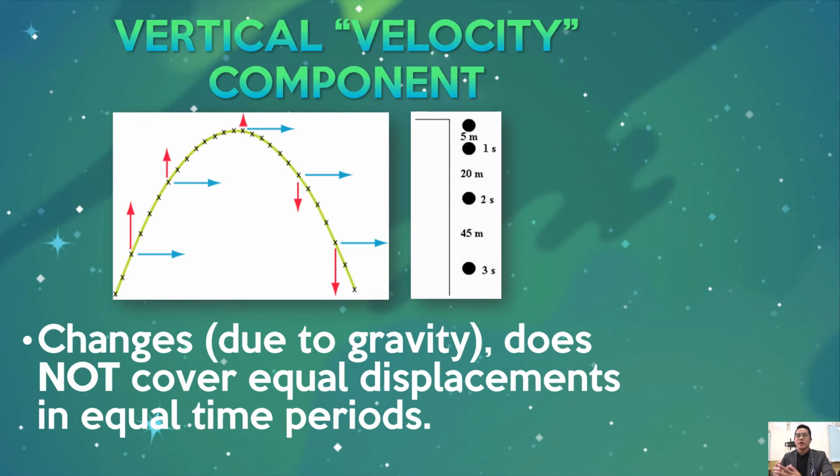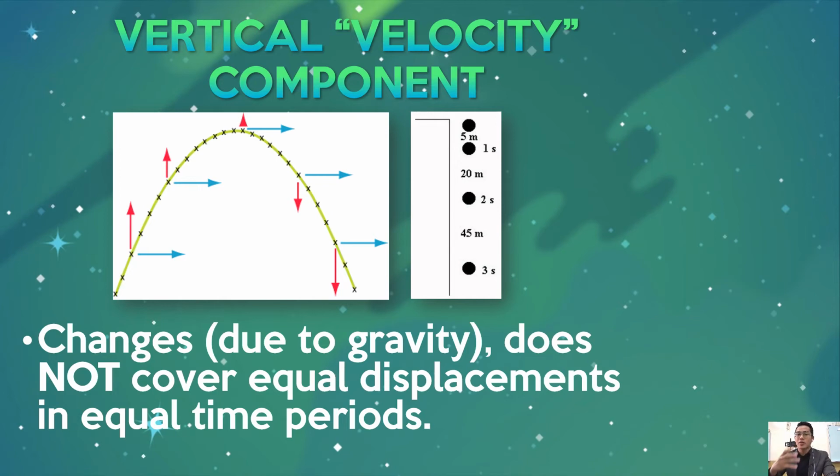Meanwhile, the vertical component or the y component changes because it is now affected by gravity. As you can see in this image, this vector is longer than this vector, and this vector is longer than this vector, because as the projectile moves upward, gravity pulls it more.